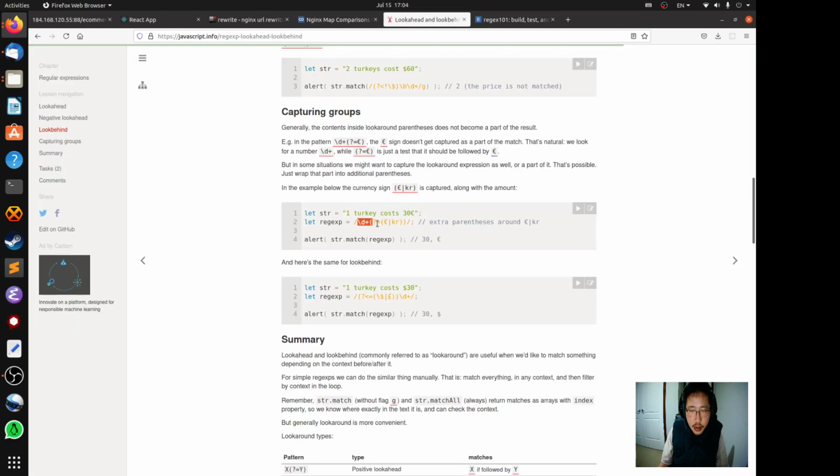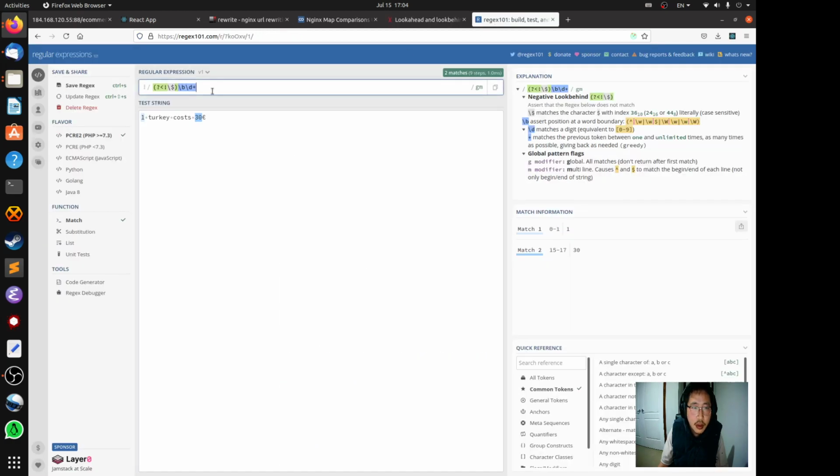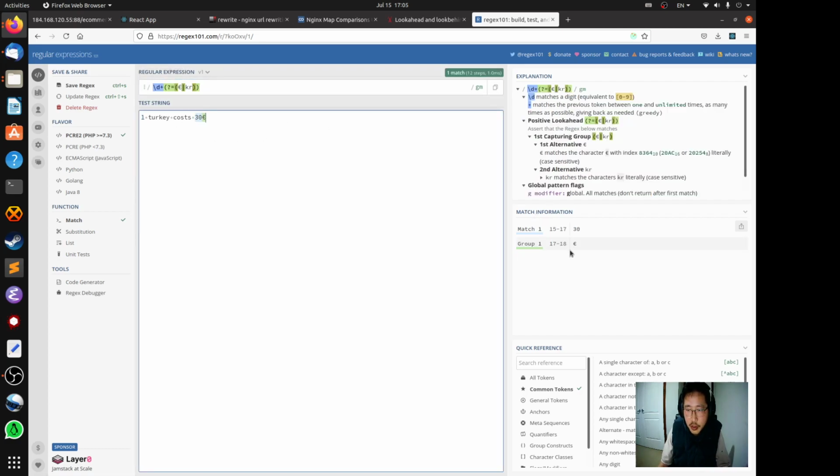So this is the pattern. Here it says the match is 30 and the euro sign. Let's go from the beginning. This is one or more digits, which is 30, and it's doing a positive look ahead to see if the next character is a euro sign or the KR, and it is a euro sign.